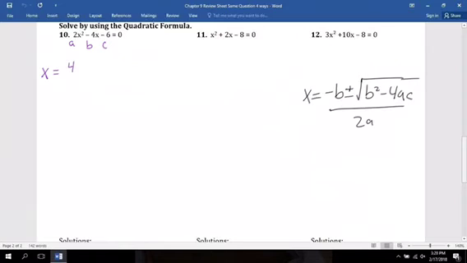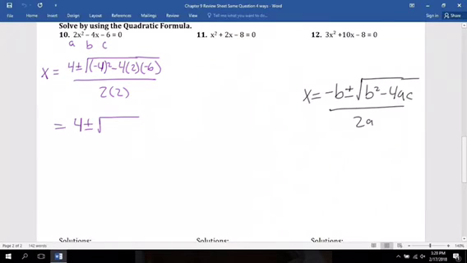So we've got 4 plus or minus the square root of -4 squared minus 4 times 2 times -6, all over 2 times 2. When you evaluate what's underneath your radical, or your square root, you should get 4 plus or minus the square root of 64 all over 4.